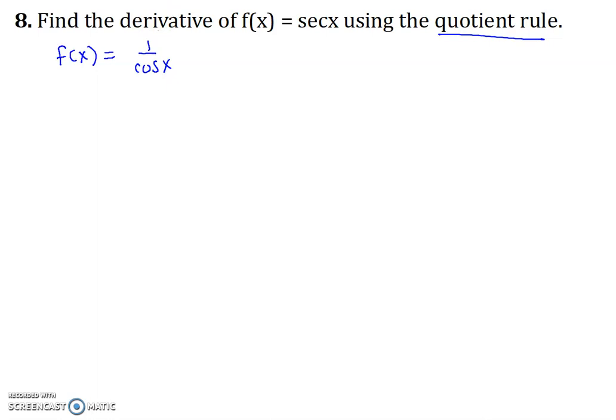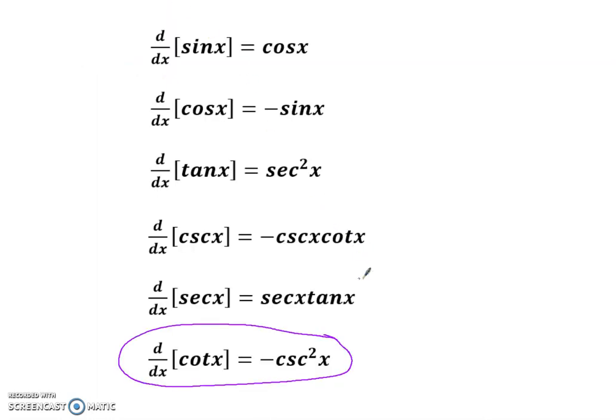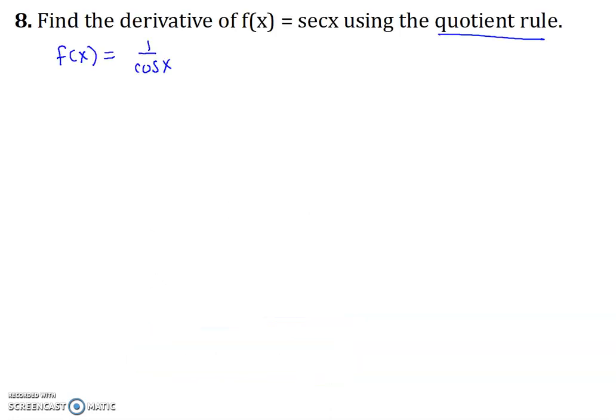Then I'm going to look at my derivative sheet to see what answer I should end up with. I can see secant turns into secant times tangent. So what I'm trying to end up with is f prime of x equals secant of x times tangent of x.